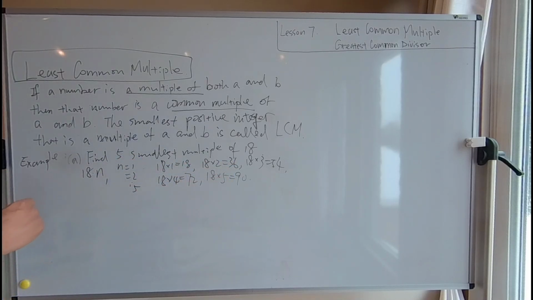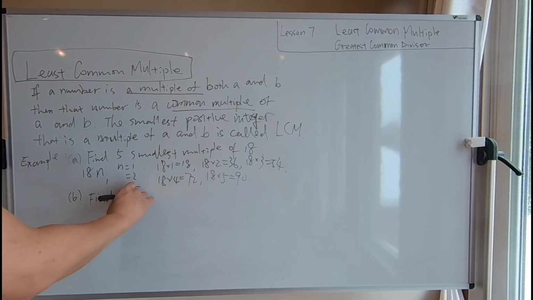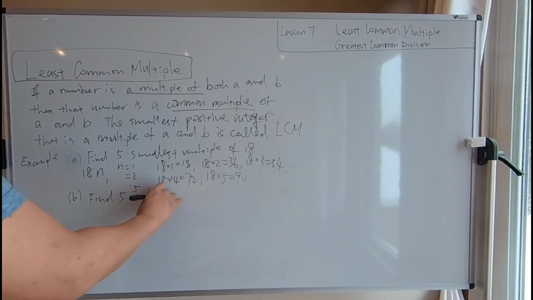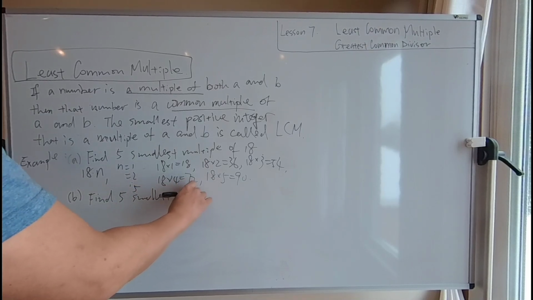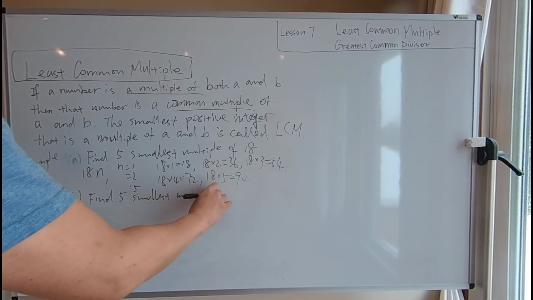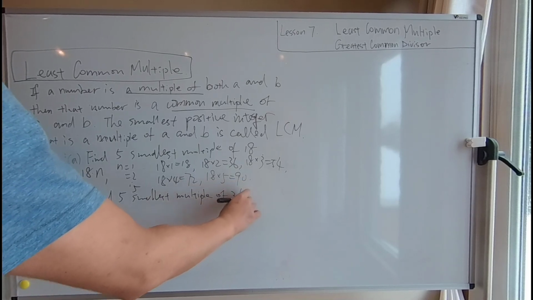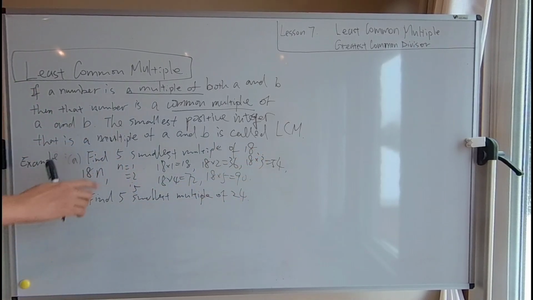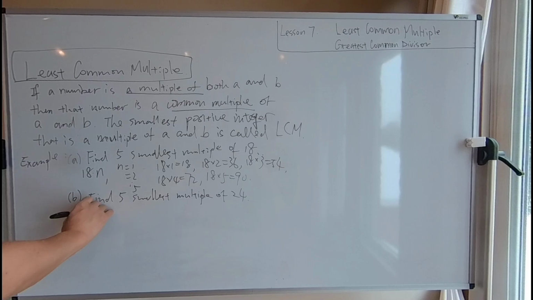And the second part, similarly, find the 5 smallest multiples of another number, 24. Here I'm going to do this quickly.